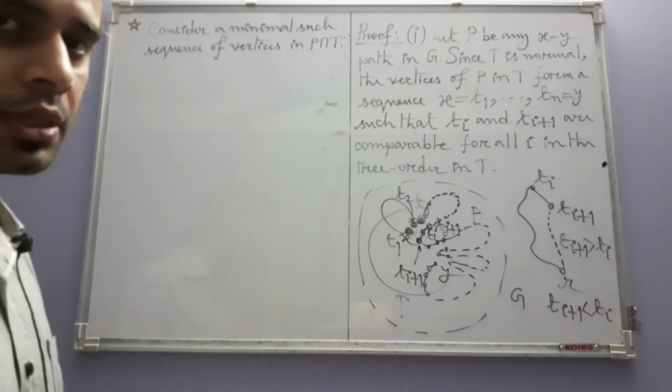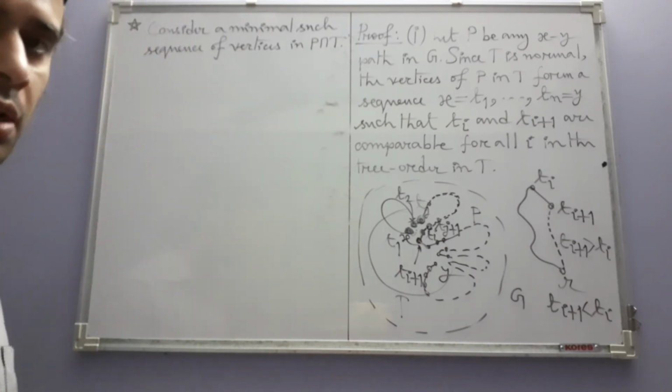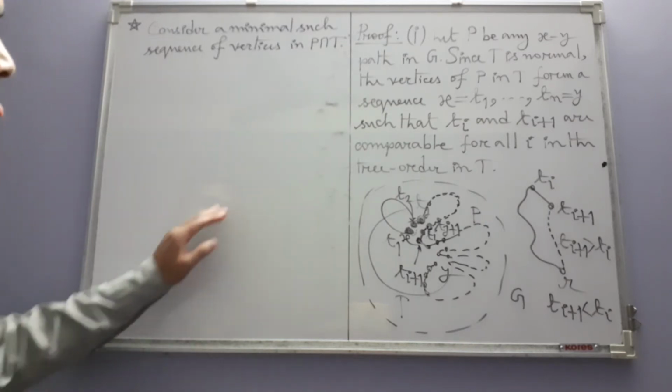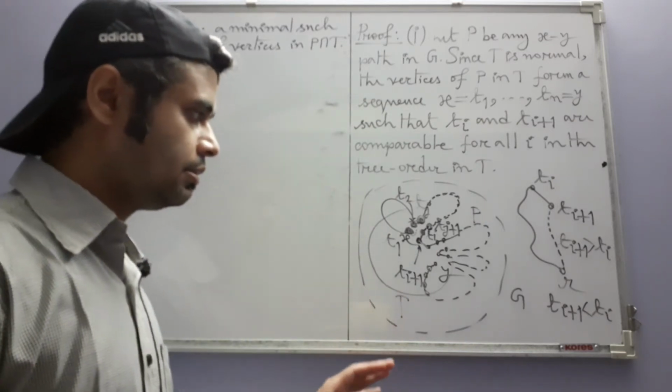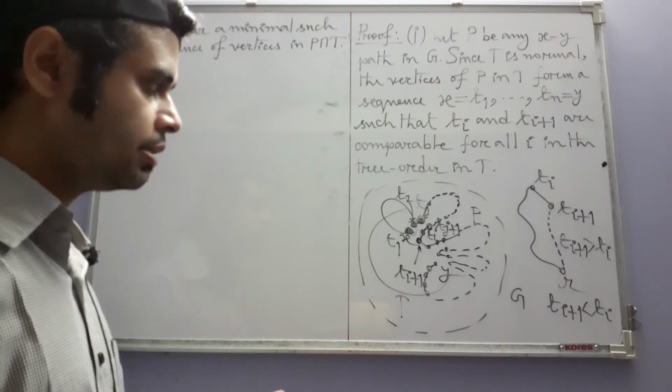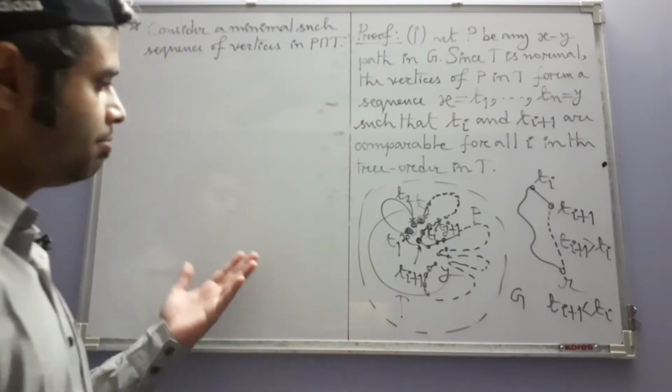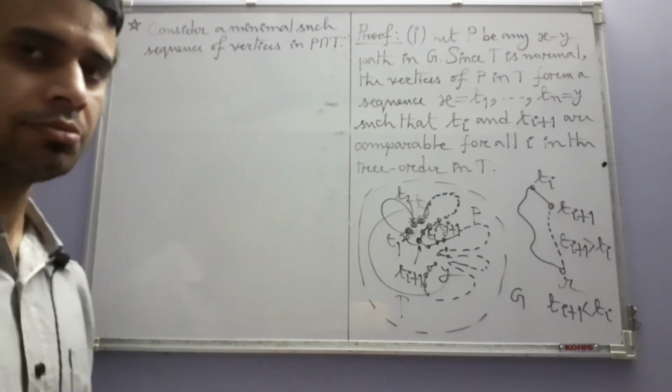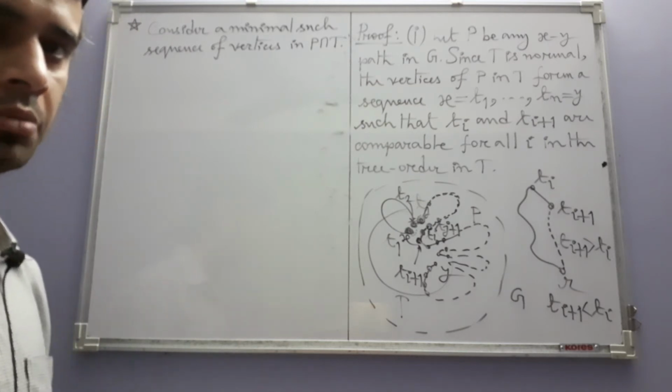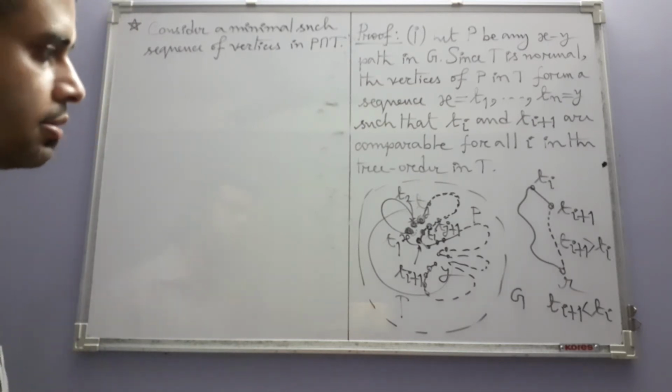Minimal with respect to what? Minimal with respect to number of vertices. Now you may get confused in thinking, okay, in P intersection T we have what we have, so what minimal? I mean, how do we change things?